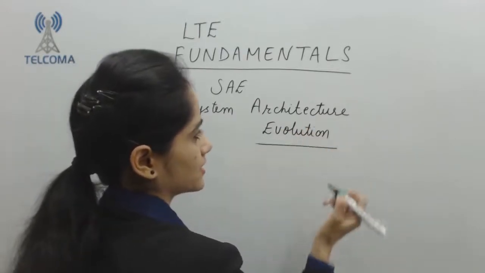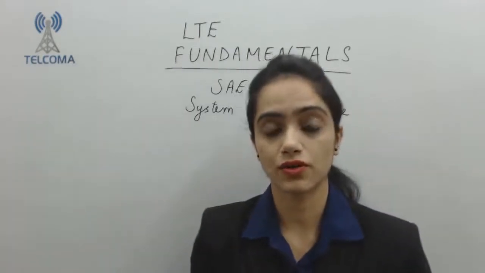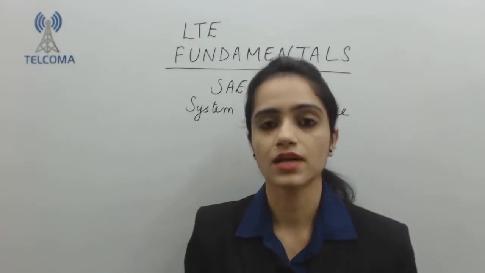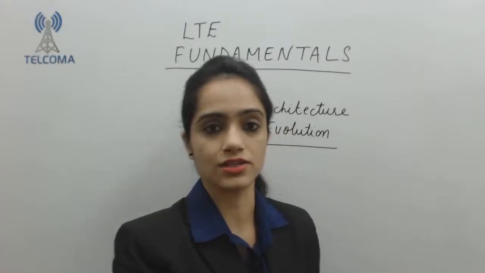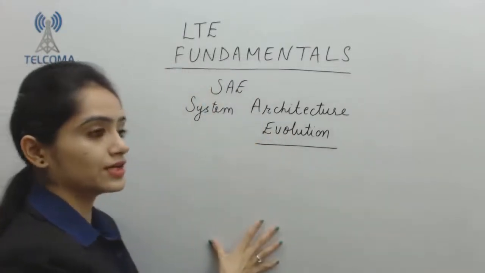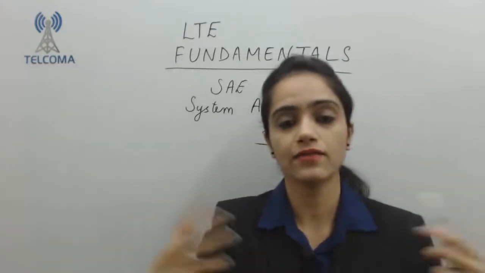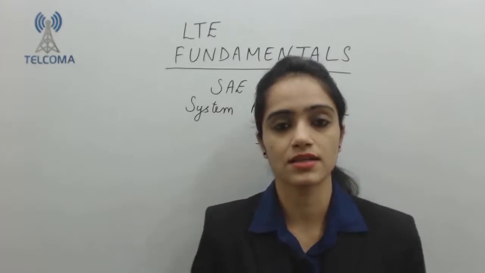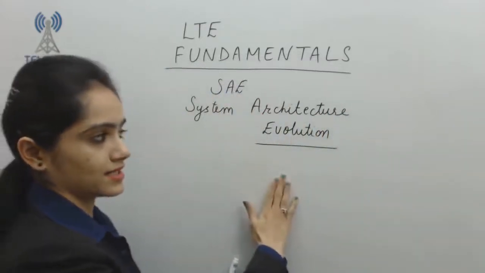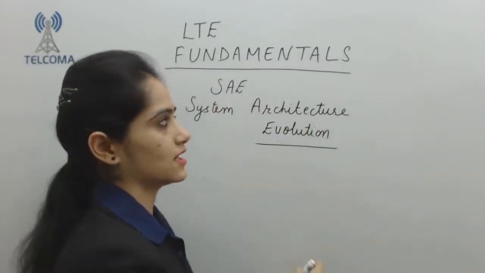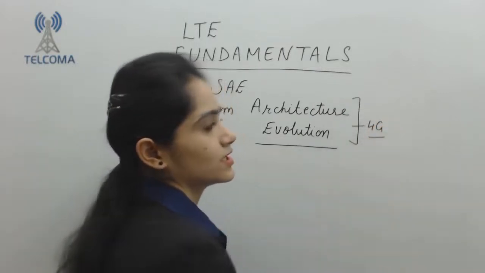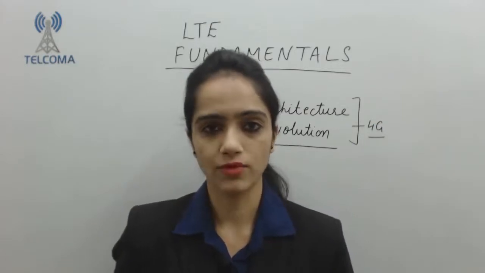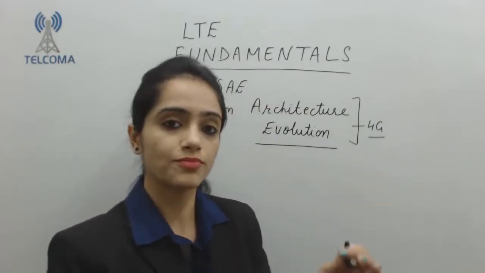Now, system architecture evolution is the evolution of the architecture of the 4G network. We are not upgrading our 2G and 3G network architecture. We are evolving a new system architecture, and that evolution of new system architecture is system architecture evolution, which is there in my 4G networks. As our requirement is high mobility, network nodes should be less.